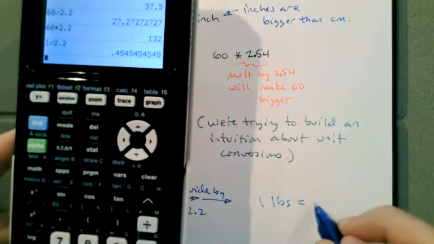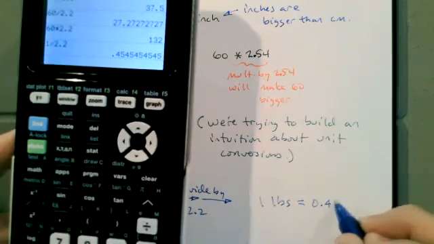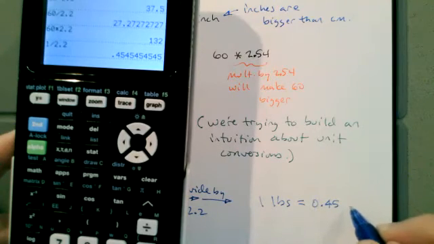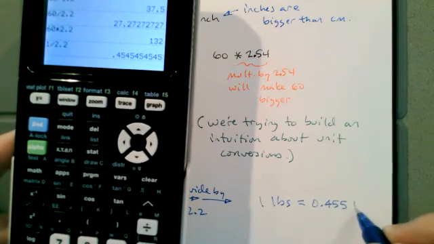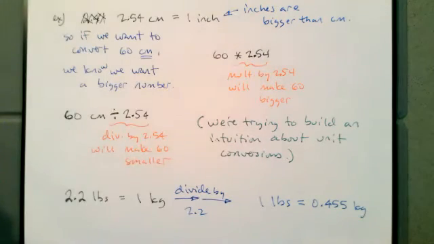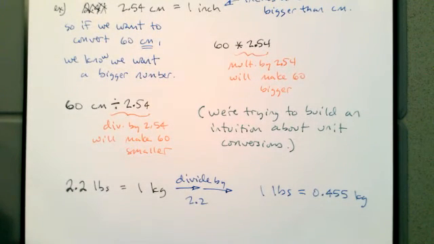So I'm going to round it off, 0.455, let's call it. So we take the 2.2 pounds is equal to 1 kilogram, and I can divide by 2.2 because it's just an equation. And that tells me that 1 pound is equal to 0.455 kilograms.